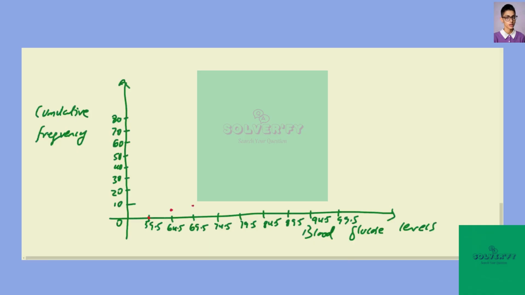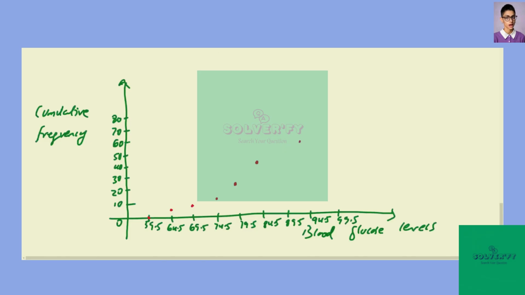They're so close to each other. Then we have 8. We have 20. We have 38. We have 44. And then we have 49. We should change this a little bit.